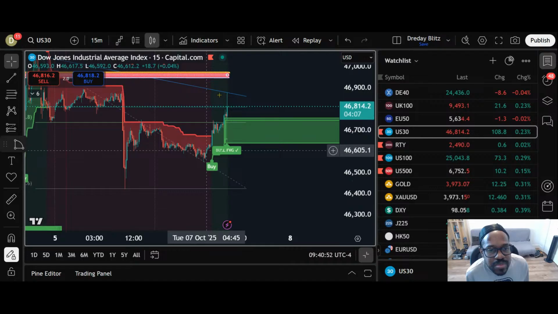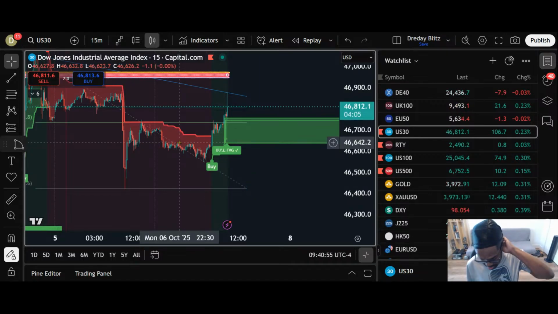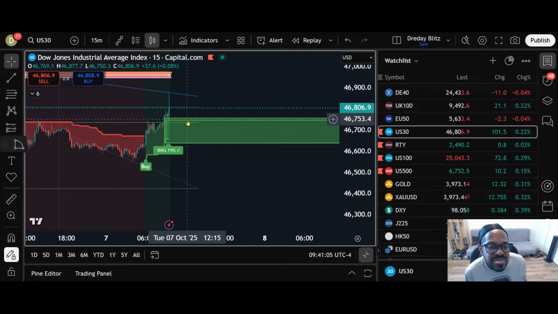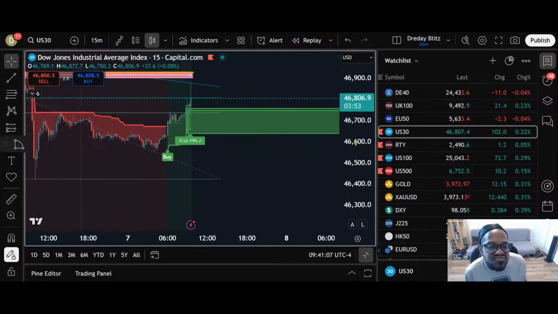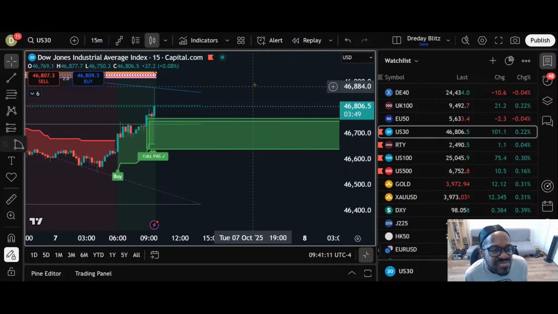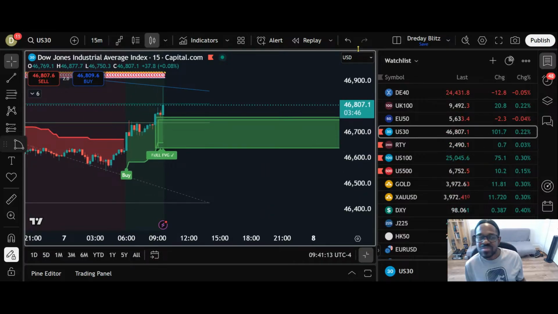So it may break down to the downside to go short. So we'll wait and see.